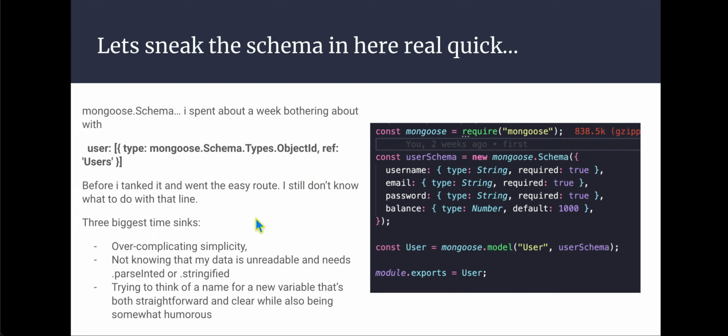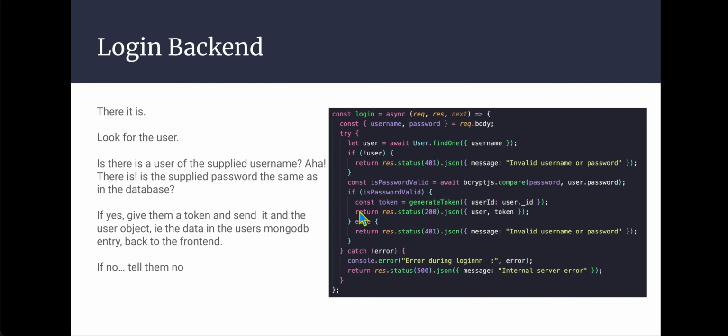It was an ordeal, but I decided to tack in the three biggest time sinks right here: the schema, and trying to get it to do what I thought it should do and not what it was designed to do; overcomplicating simplicity, which is such a big time sink; then not knowing that my data is unreadable and needs to be parsed or JSON stringified. And then trying to think of a new name for a variable that's both straightforward and clear, while also being somewhat humorous, just somewhat.